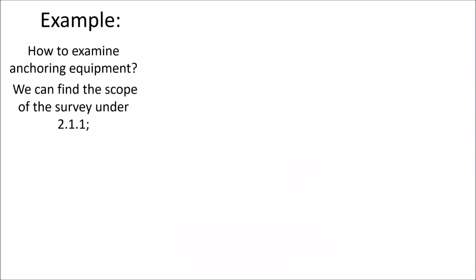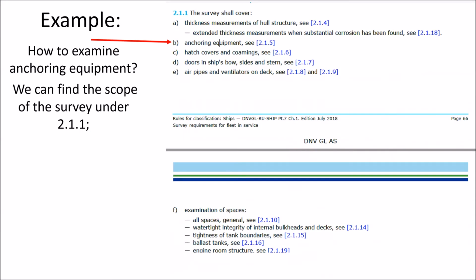We can find the scope of the survey, looks like this here. 211B, anchoring equipment, C215. So check the anchor equipment, is it there? We have an anchor equipment. So what we're going to do here, we will click on this one, 215. If we click on this, we will go directly to the description about how to do it. So we check 215. It is that easy.